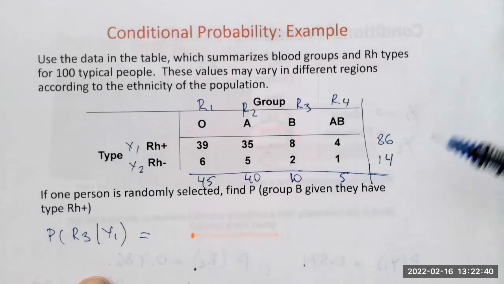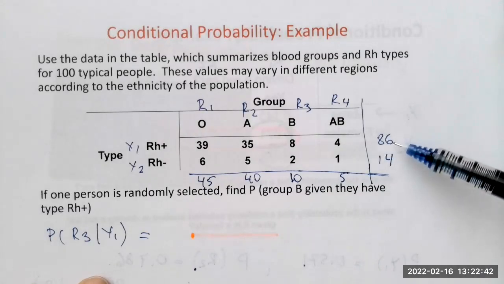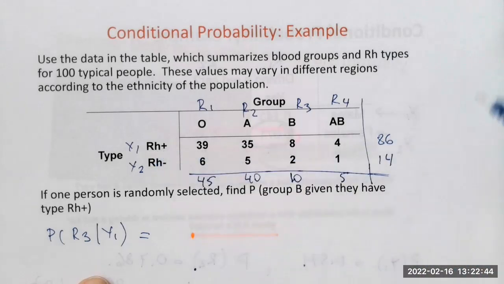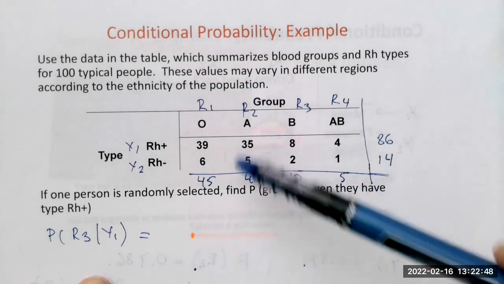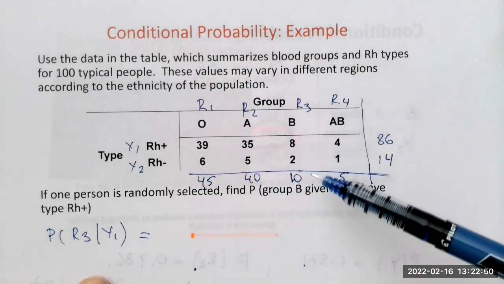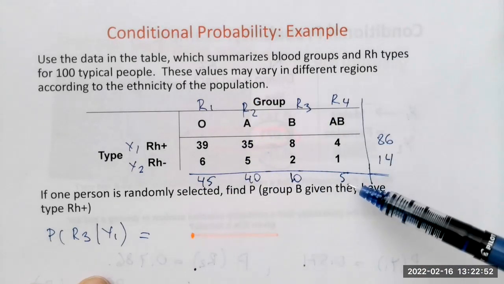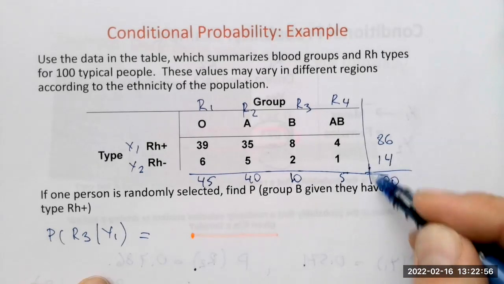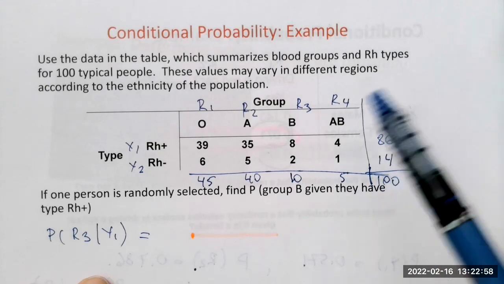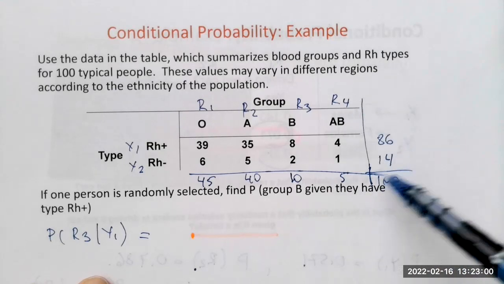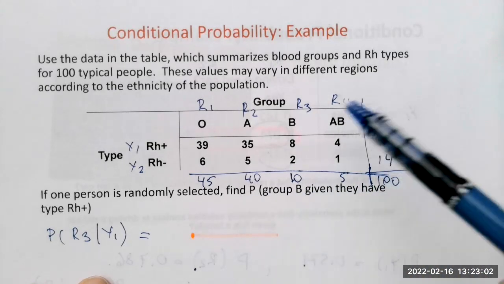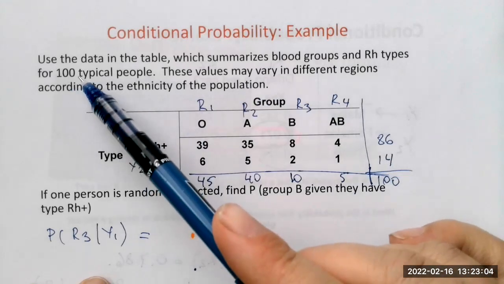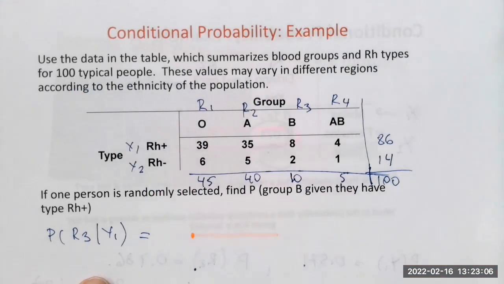My marginal totals are 86 for positive RH, 14 for negative RH, and for the blood groups 45, 40, 10, and 5. My grand total is 100, which fits my marginal totals, and this is what I was also given in the problem. So let's use those numbers.